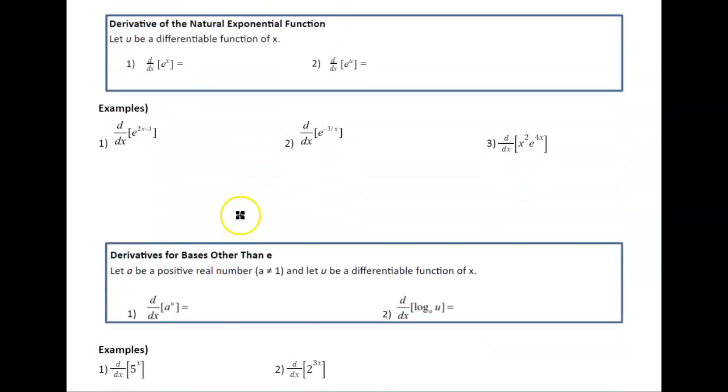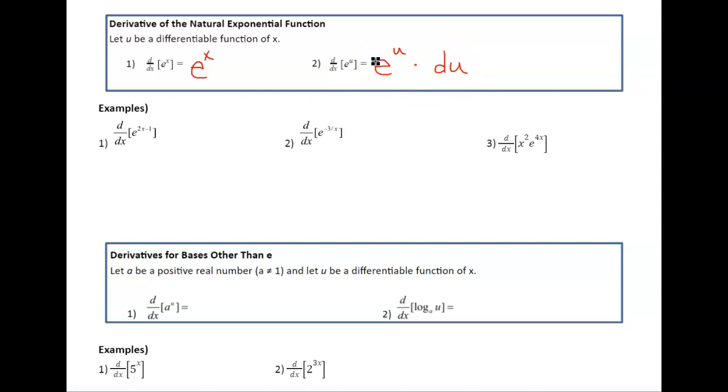All right, we've done e, but they were all just basic e functions. So now that we've introduced the idea of u, we can be more complicated and have a little more fun. So remember, e is its own derivative. So the way it works with u is you still copy down the original problem, and then you have to remember to take the derivative of that exponent.